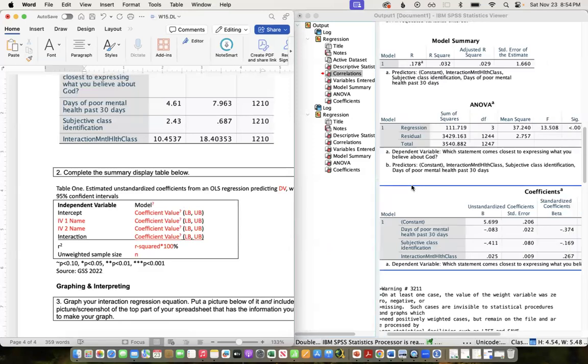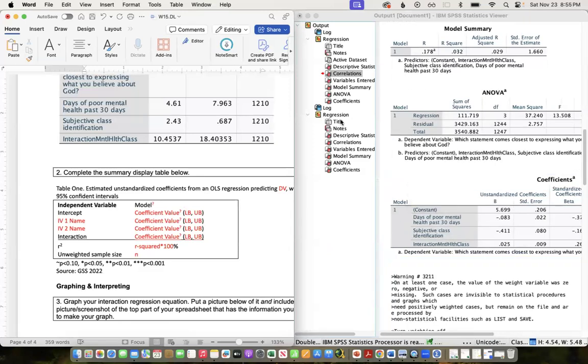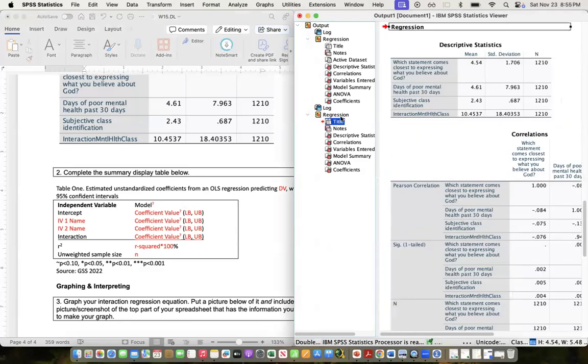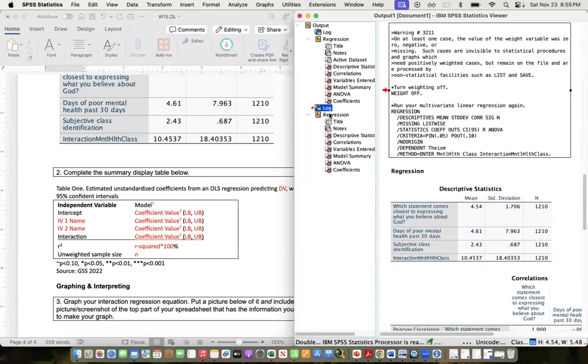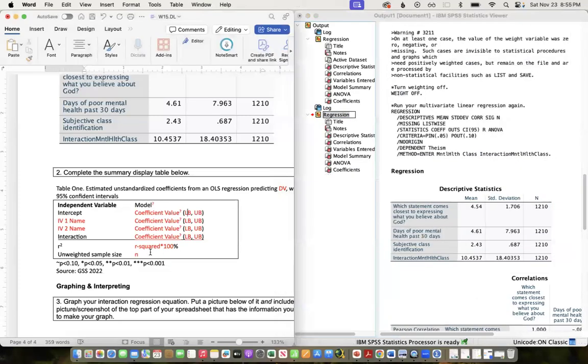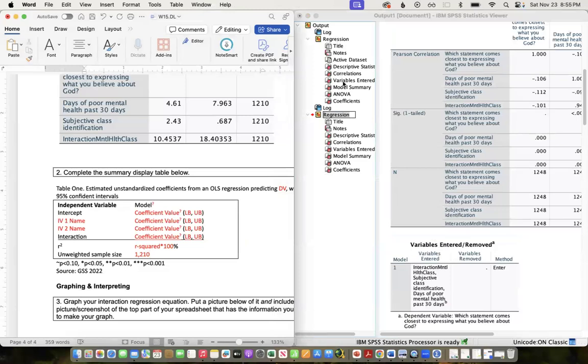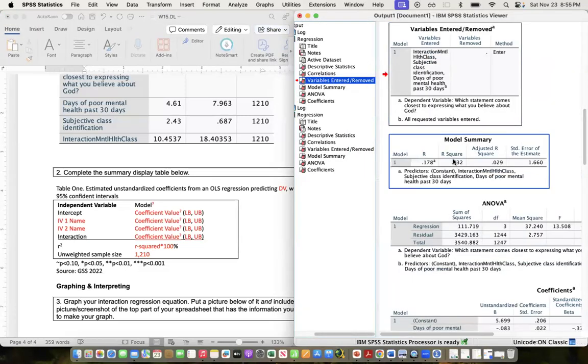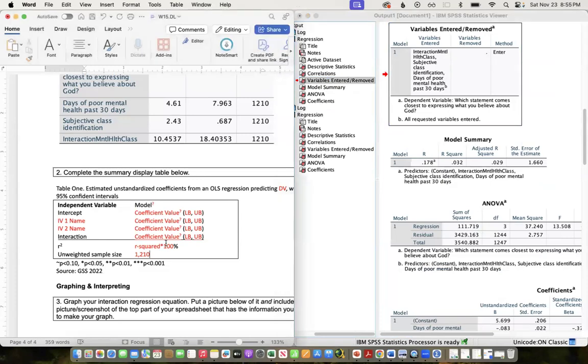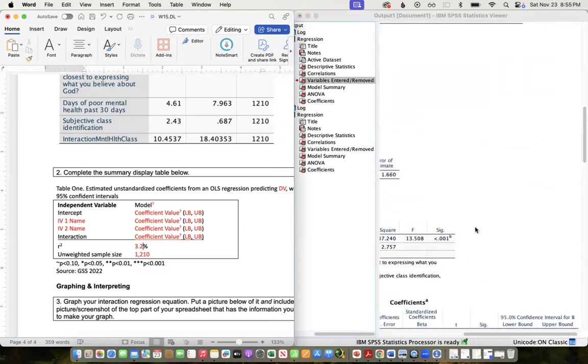So this is going to be the same as what we've done before in terms of what we put in. Our sample size from the unweighted one is 1210. And if we go up to all of this, we can see our R squared is 3.2%. Our overall model p-value is less than 0.001.